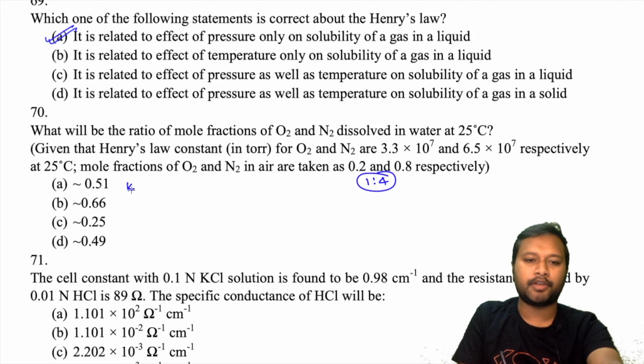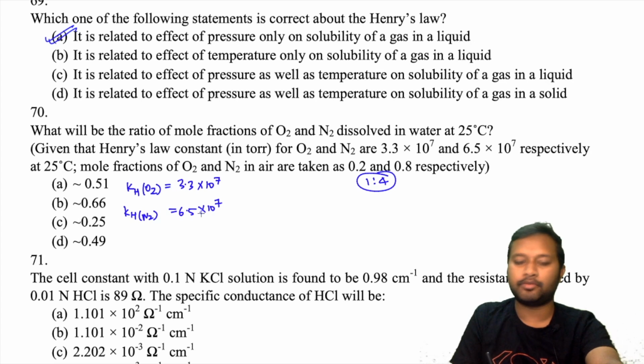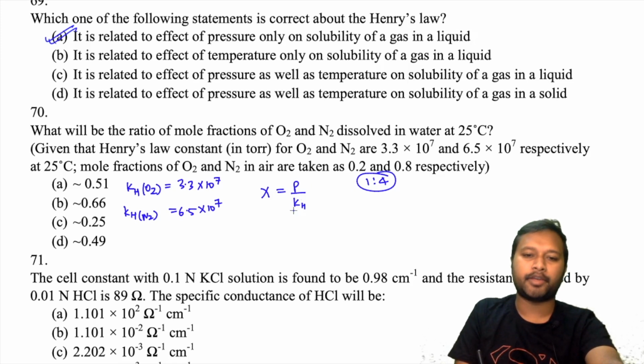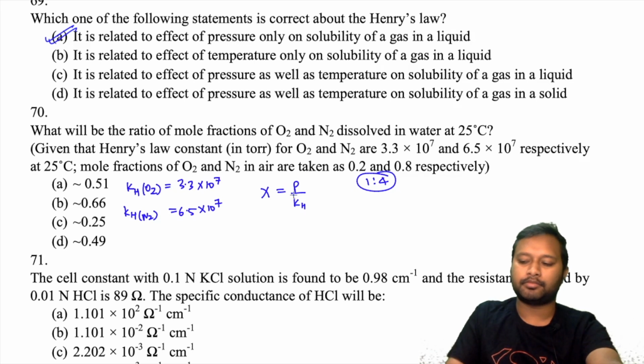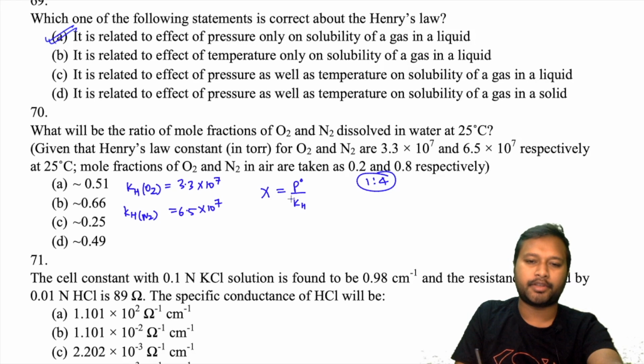Now the things which are given to you are Henry's constant of O2, that is 3.3 into 10 to the power 7, and Henry's constant of N2, that is 6.5 into 10 to the power 7. So these two things are given, and mole fraction of any species X is given by P upon KH. Okay, pressure divided by Henry's constant, or you can write it as partial pressure, basically, not pressure. Fine, so just put these things.